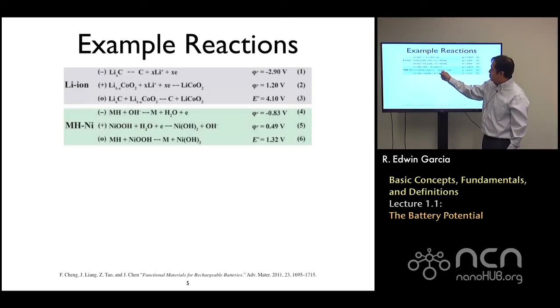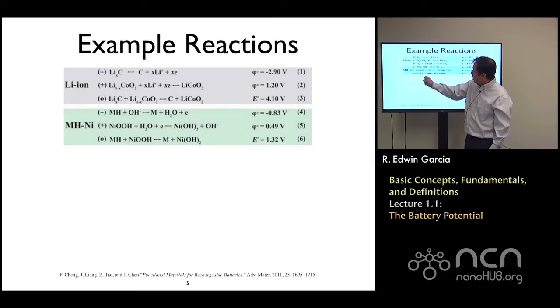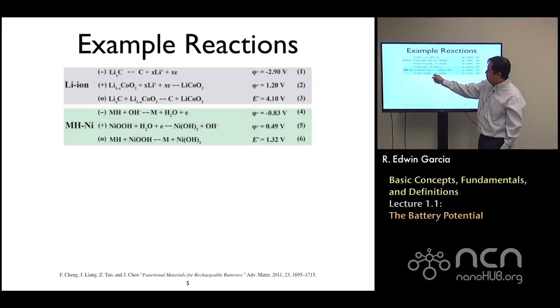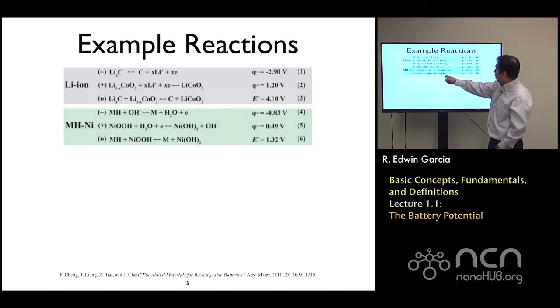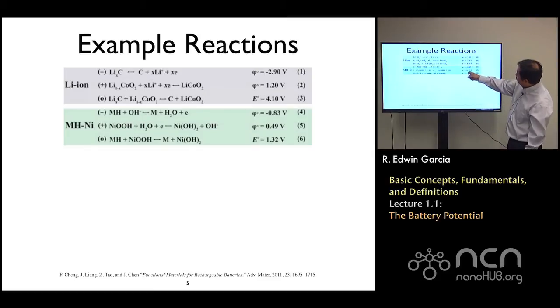It gains more hydrogen and gives away an OH radical. The overall reaction is such that the metal hydride and the nickel hydroxide combine to give you the metal with the hydride in it, and this nickel hydride, giving you a voltage of 0.49 minus minus 0.83, equal to 1.32 volts.